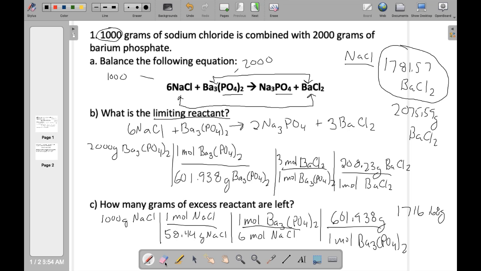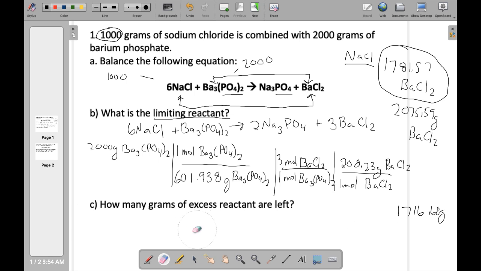Well, we have one final step to do. Let me go ahead and erase this so we have a little bit of room. Remember, I was given 2,000 grams of barium phosphate. I have now discovered that I'm only going to use 1,716 grams of barium phosphate.